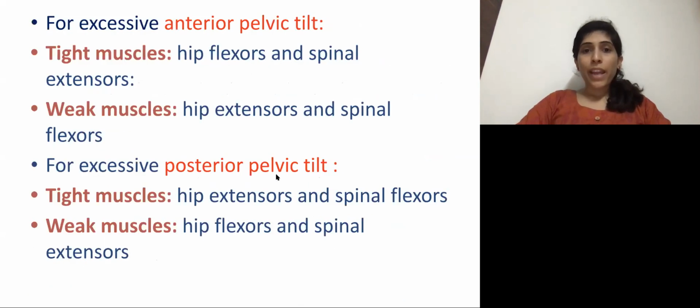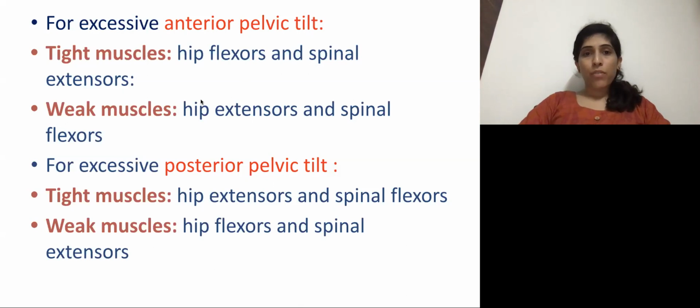For excessive anterior pelvic tilt and excessive posterior pelvic tilt, which muscles are responsible? If your hip flexors and spinal extensors are tight and your hip extensors and spinal flexors are weak, that can produce excessive anterior pelvic tilt.